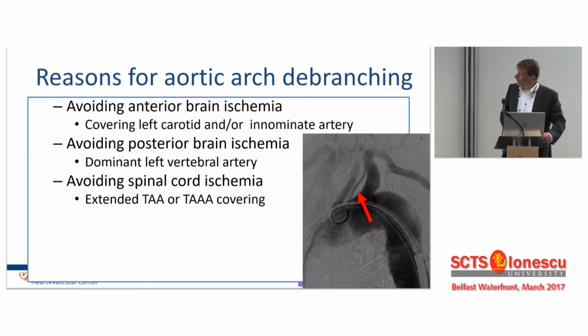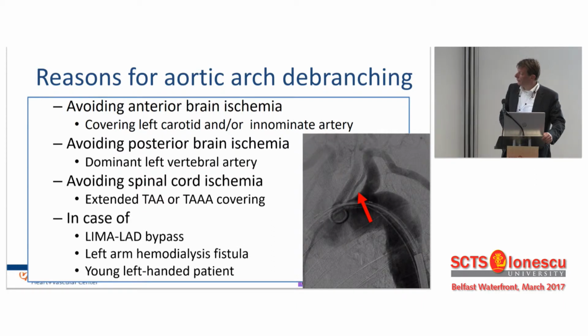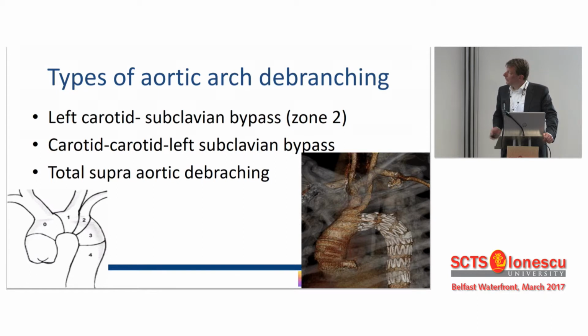The left vertebral artery is also involved in spinal cord ischemia, so important for that. And here, 3 other cases like LIMA bypass, hemodialysis fistula in young left arm patients are good reasons to revascularize the left subclavian artery.